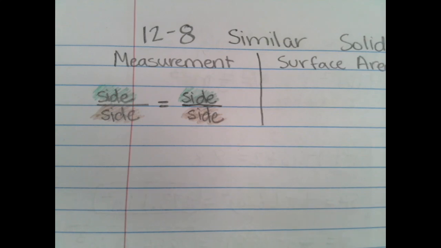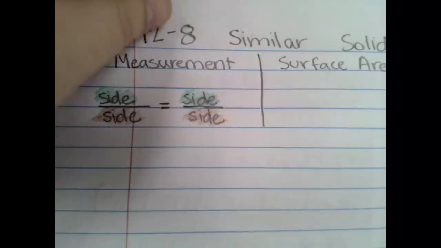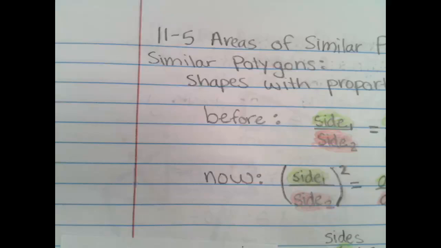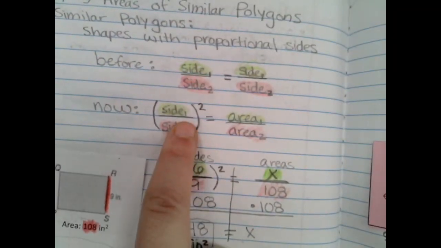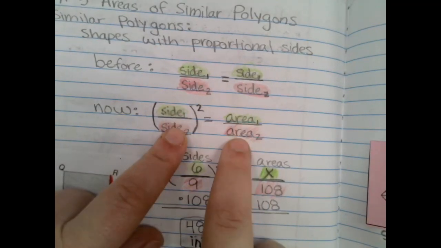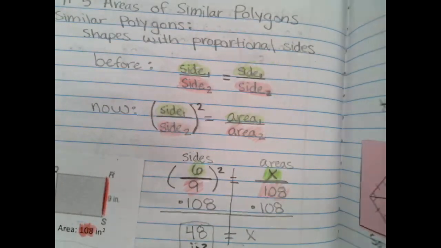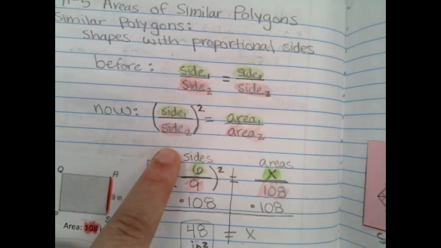Alright, and then we did talk about area here. The area we talked about in chapter 11, so if we flip back to chapter 11, it was the very last lesson in chapter 11. When we talked about area, we had our side and side. And area, again, it matched going across, but we took our sides to the power of 2. Okay, so same idea with surface area.